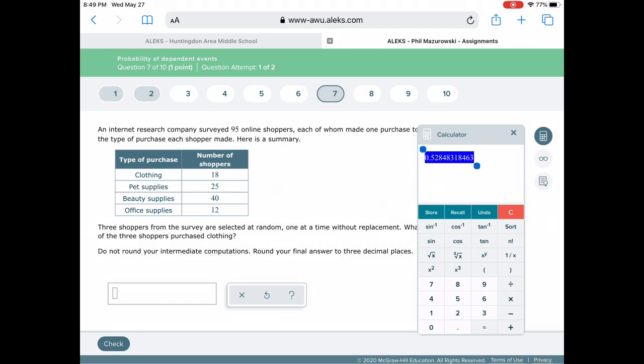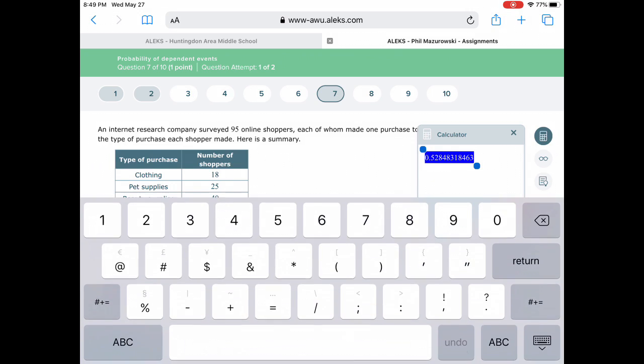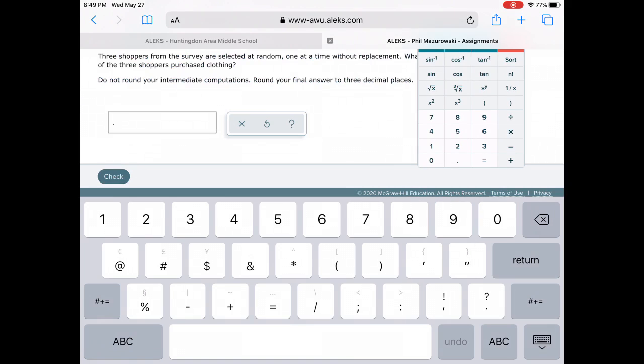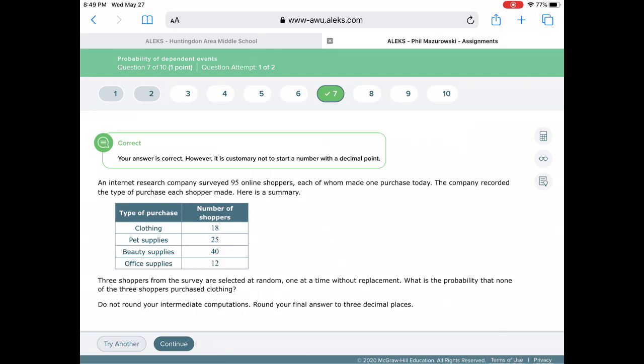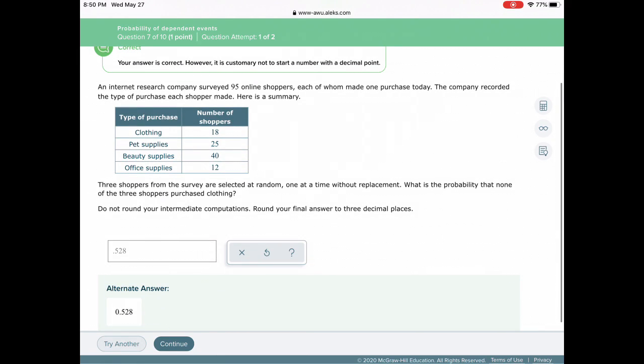This is the end computation, not the intermediate computation. To 3 decimal places, we've got 0.528. Let me check this one just to make sure that we did everything correctly. And we're good. Oh, I got yelled at because I didn't put a 0 in front of it, but no big deal there.